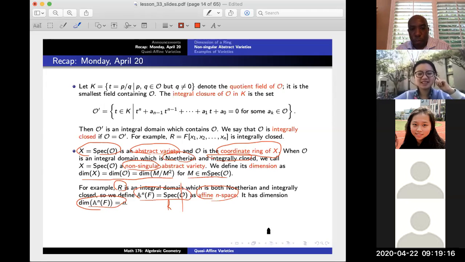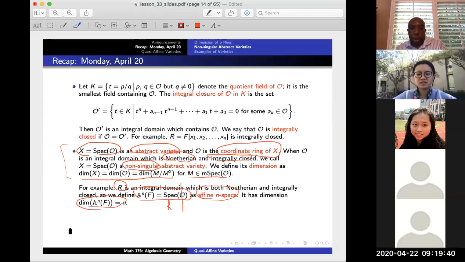So in the paragraph right before the last one, is the choice of M irrelevant? That's right. This should be for all M, for every maximal ideal. Okay, so it's not the maximum, but if you choose any of them, it's going to be the same. That's right. If you choose any of them, then it's going to be the same.